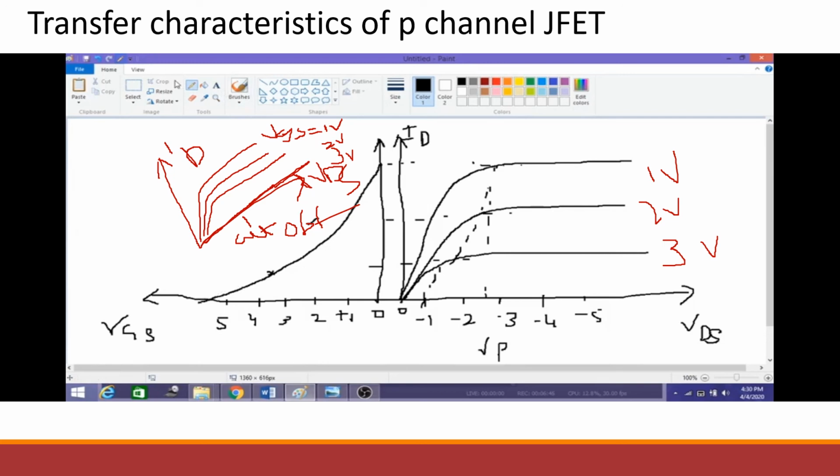Here for VGS 1 volt, the point is here, and for VGS 2 volts, the point will be further here, and when VGS is 3 volts, the point is here, and when VGS is equal to the pinch off voltage, the JFET goes to cutoff region and will be in off state. So this is known as cutoff region.